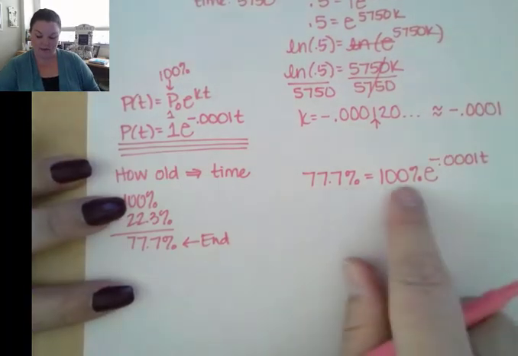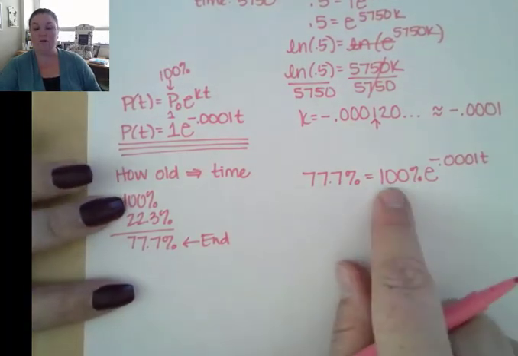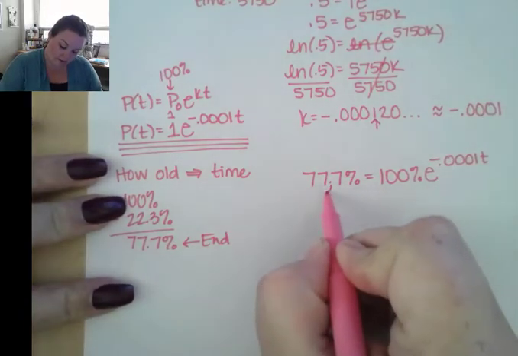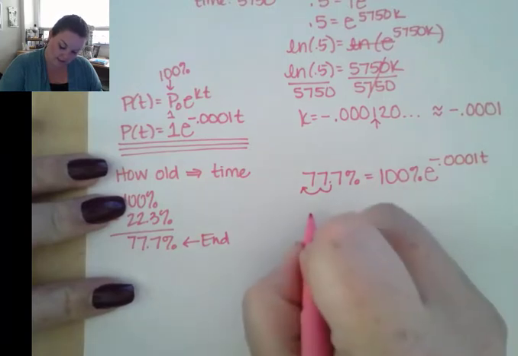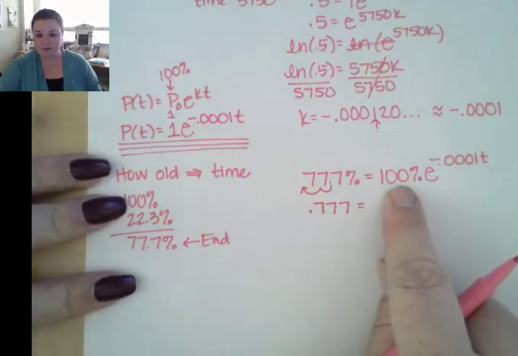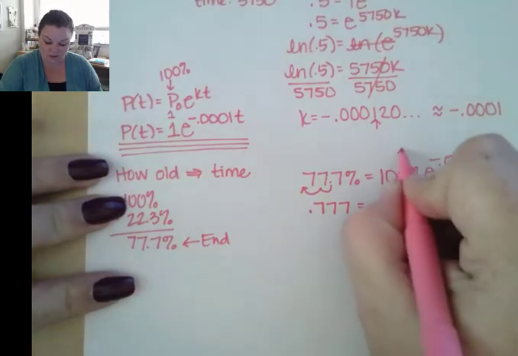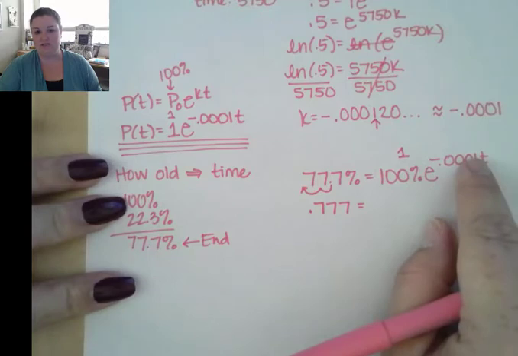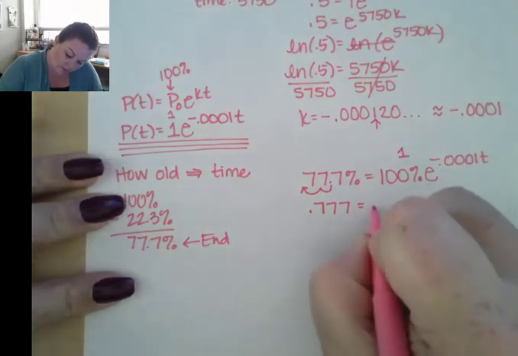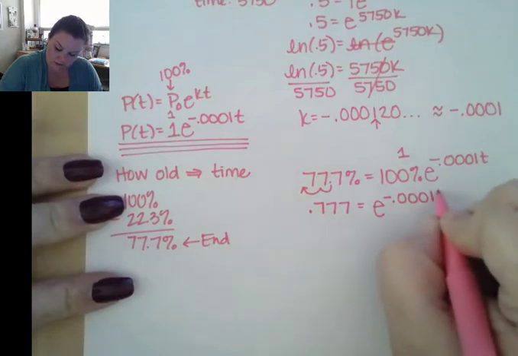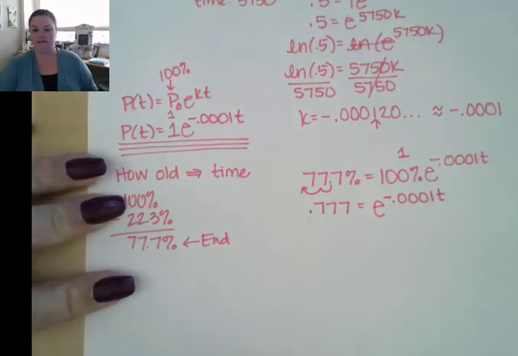And then again, I'm going to go ahead and take this out of percentage and write them as decimals. So if I move this 2 decimal places, this becomes 0.777 is equal to 100%. Remember, as a decimal is just 1. So I'm not going to write it because 1 times e to the whatever is still just e to the whatever. So this just becomes e to the negative 0.0001t.